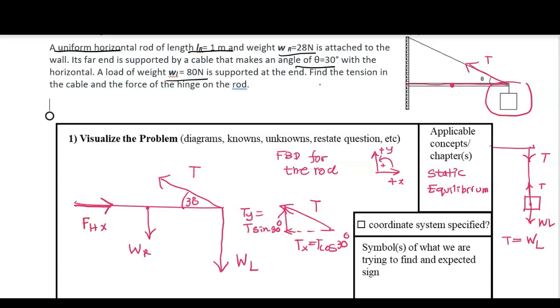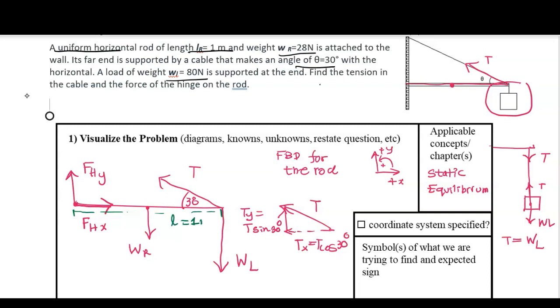I expect it to act in the positive x direction because we have the x component of the tension to the left. There should be another force balancing it. And the y component of the hinge force, let's assume it's acting up. It could be acting up or down. Let's continue the calculation assuming it's acting up, and if that is not correct, we are going to get a negative value for our y component.